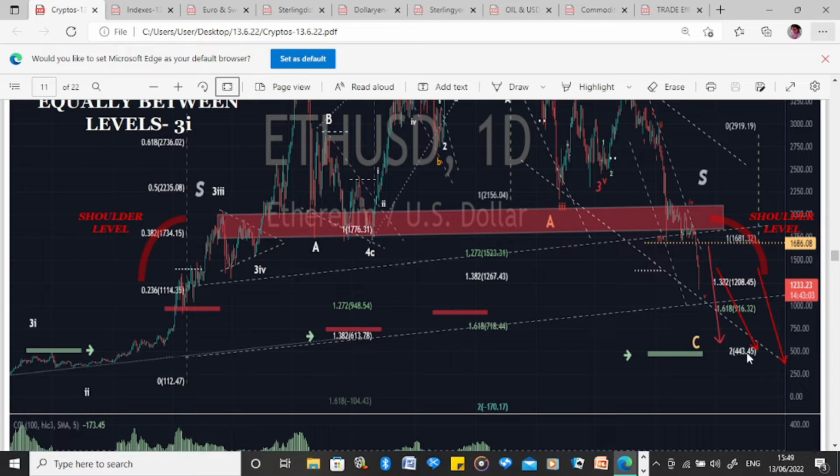So then we would want to divide our entries between 960 and 948 shown here, all the way down to 443. This is really projection. That's why we're showing that level 948 in red, because we expect to break below it all the way to 443. And then the market bounces again, and we have shoulder levels here.